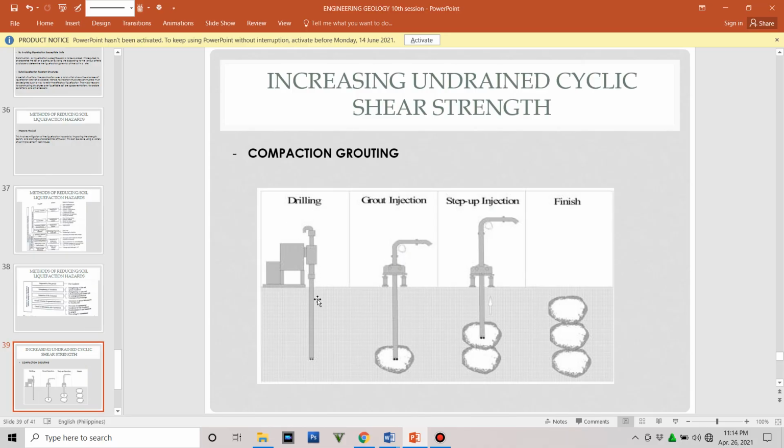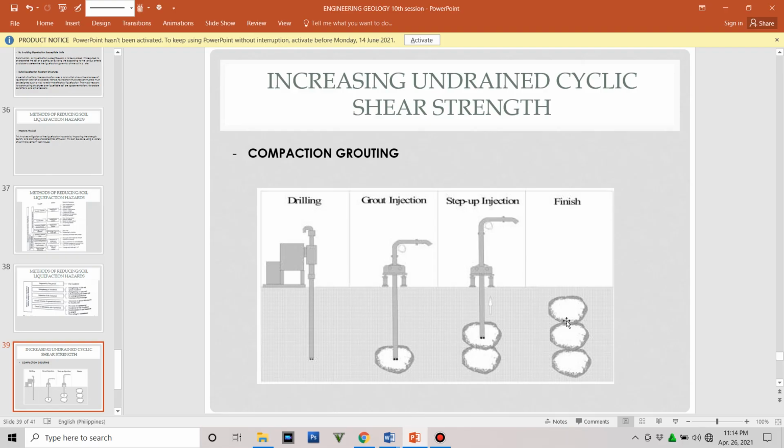So, by the figure, you can see, drill muna tayo sa pinakababa. And then, mag-inject ka ng grout pataas. Tapos. So, what is the essence of this? Of course, it will have a remediation of the loose particles.